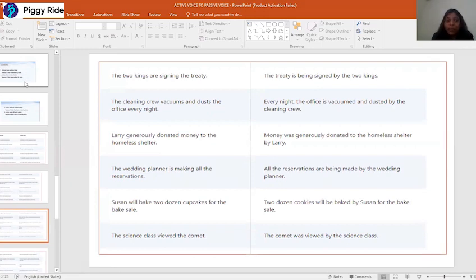The wedding planner is making all the reservations. All the reservations are being made by the wedding planner. Suzanne will bake 2 dozen cupcakes for the bake sale. 2 dozen cupcakes will be baked by Suzanne for the bake sale. The science class viewed the comet. The comet was viewed by the science class.